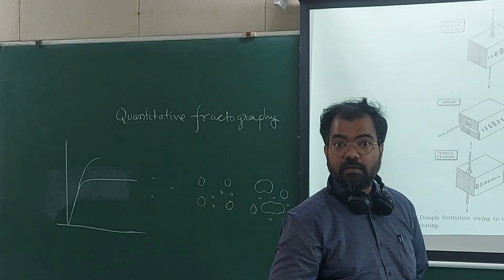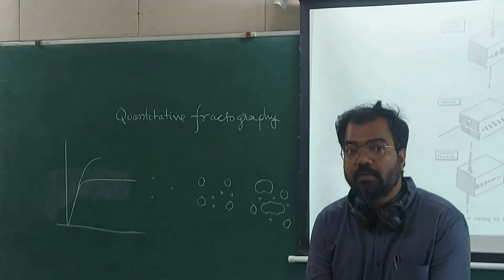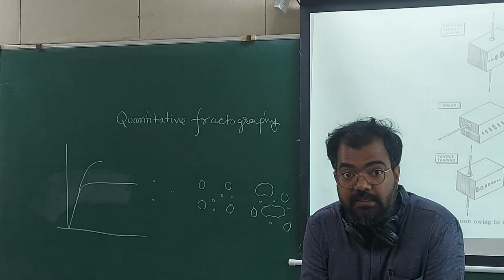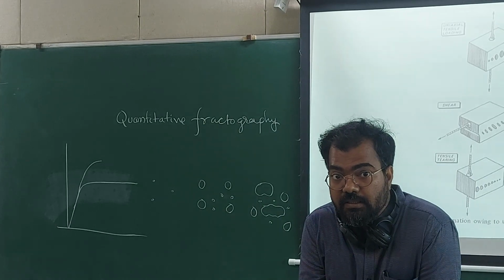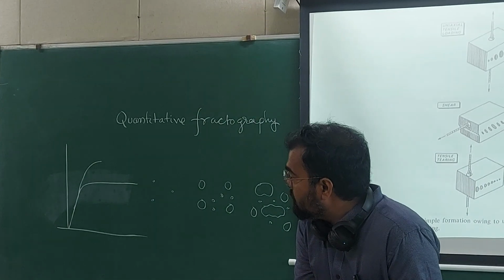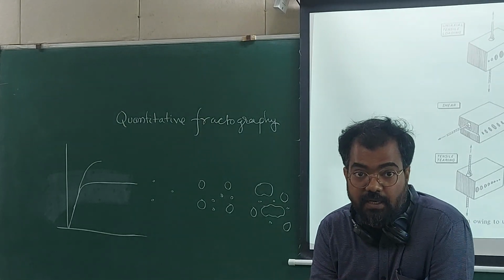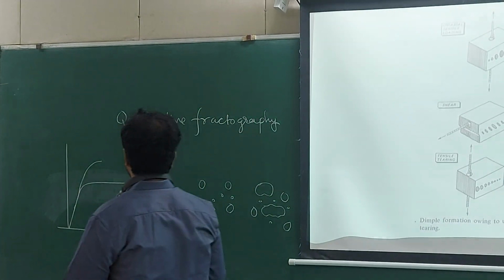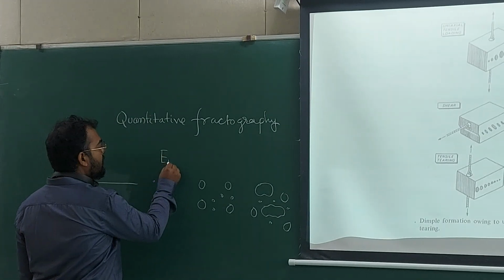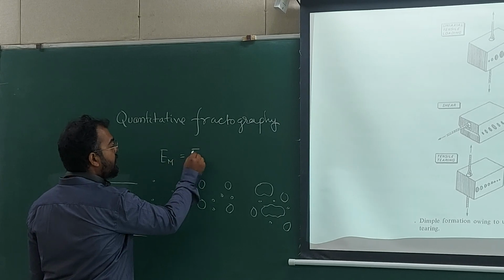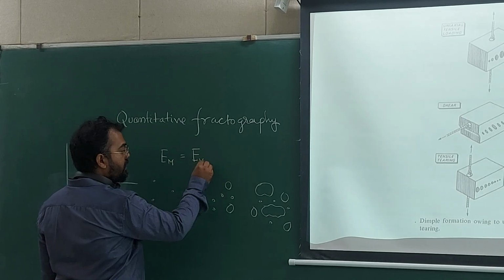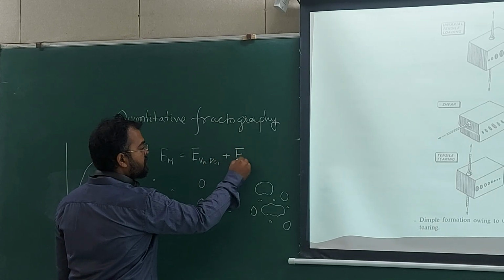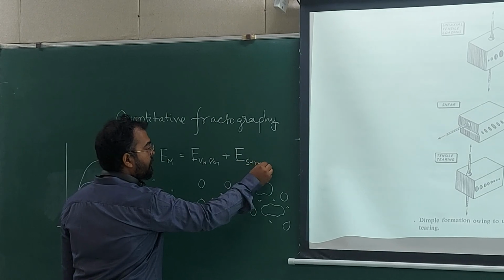Why is the dimple size less, sir? Dimple size is less because the matrix is able to accommodate more strain. So you are supplying some energy, right? You are giving some mechanical energy. And that mechanical energy is consumed in making the voids and growing them, the nucleation and growth, and the energy which is being absorbed as strain energy.